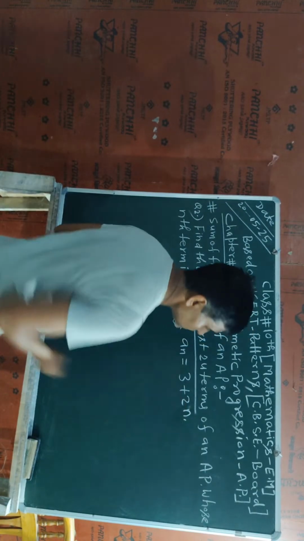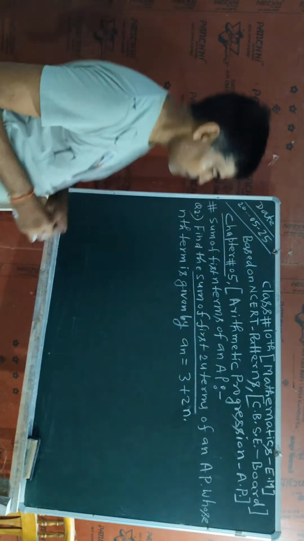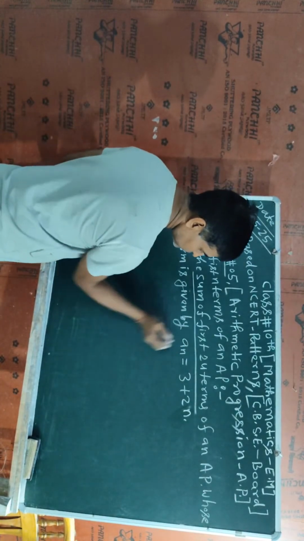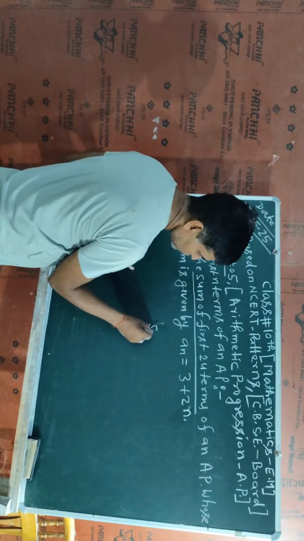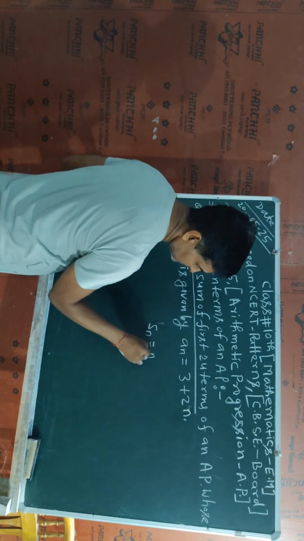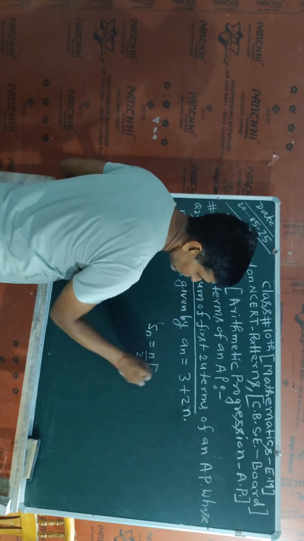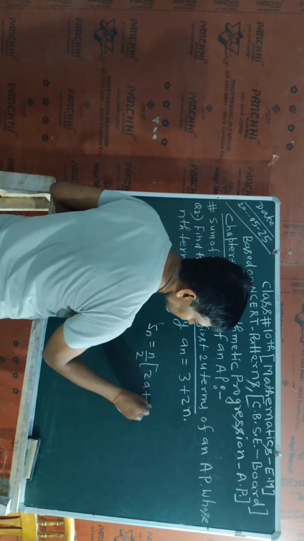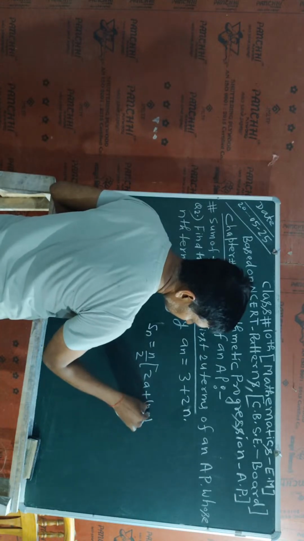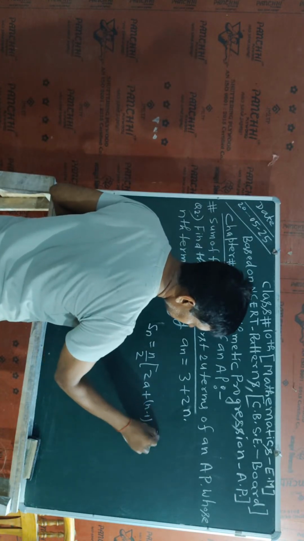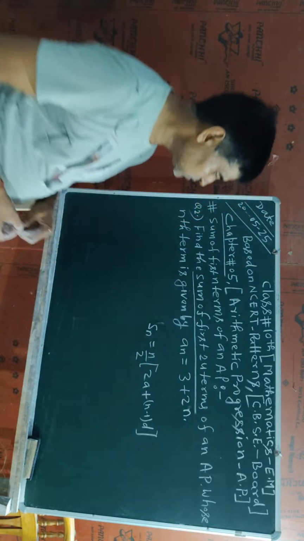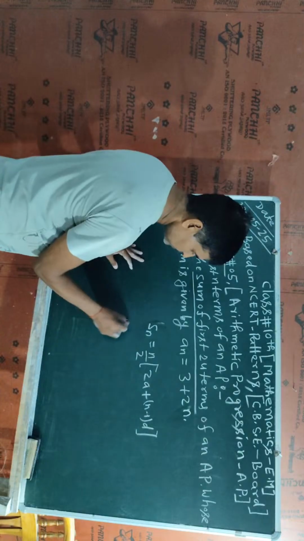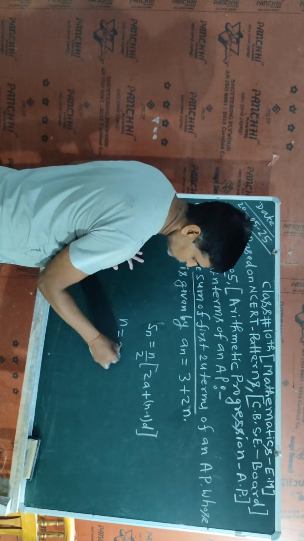Each and every student knows Sn is equal to n divided by 2 into 2a plus n minus 1 into d. Because students know this formula, they have to get the value of n. So the value of n is also given, that is 24.